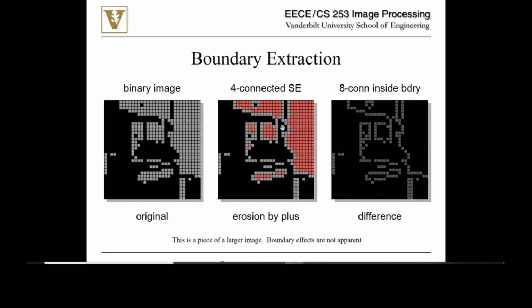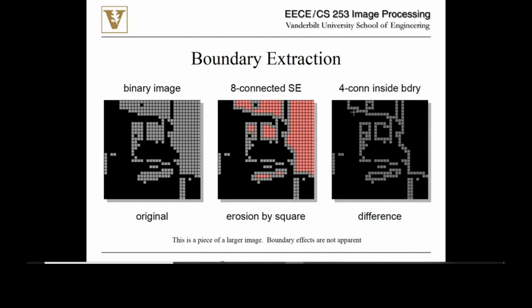Now, instead of using set 8 to do the erosion, I use set 4 to do the erosion, and now I compute the difference. Now my boundary is made of 8 connected boundaries. For instance, these two pixels share a corner, they don't share an edge. You can see the difference with the boundary before.